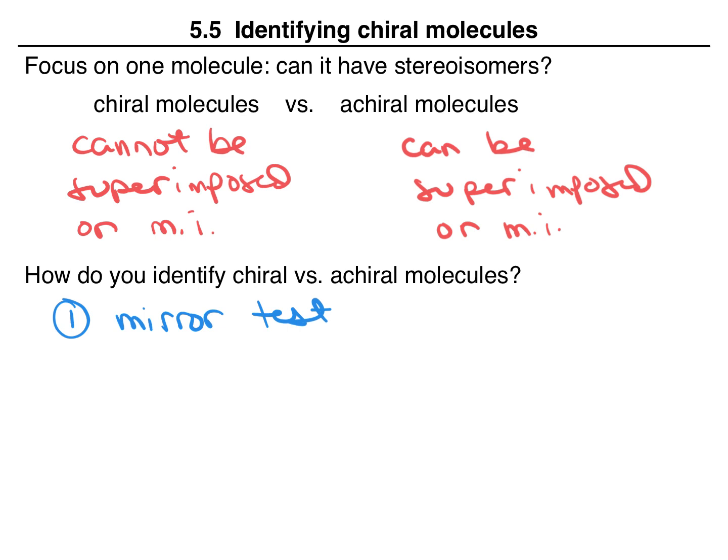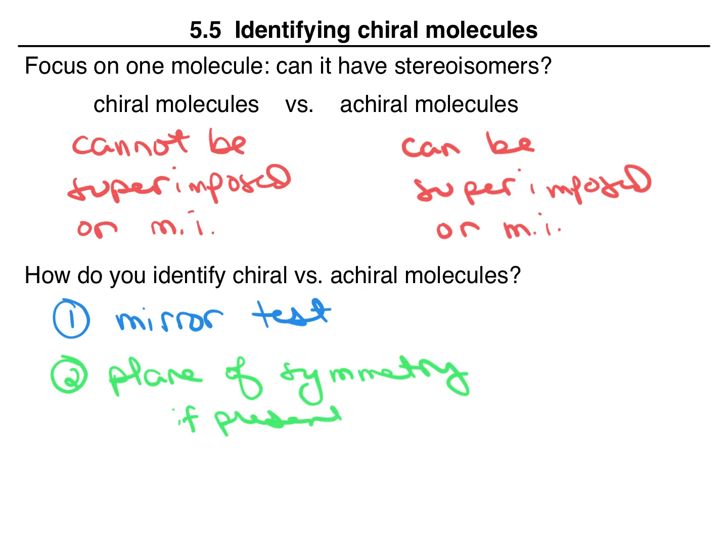Another way to think about this is to look for a plane of symmetry. If there is a plane of symmetry present, then the molecule is achiral.